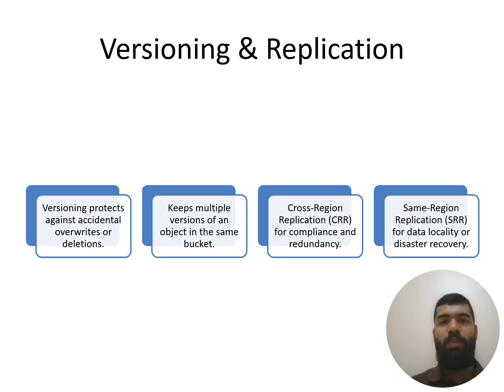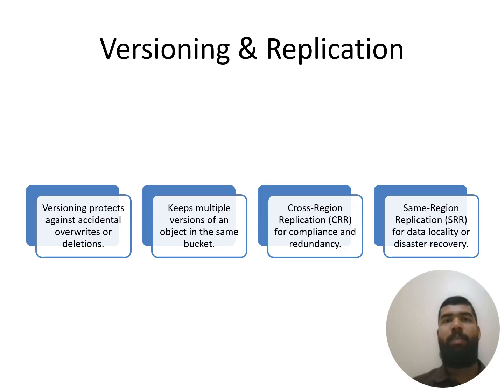Okay, so let's talk about versioning and replication. So what is versioning and replication? This is a powerful feature that protects against accidental deletions or overwrites by keeping multiple versions of an object. So what does it mean? Let's say you have created a file and you want to replicate it into a different bucket. In Amazon S3, you can create a bucket and also create a replica of that bucket, so that you can duplicate or create a version of this object in the replica bucket.